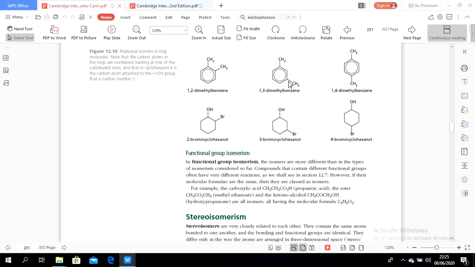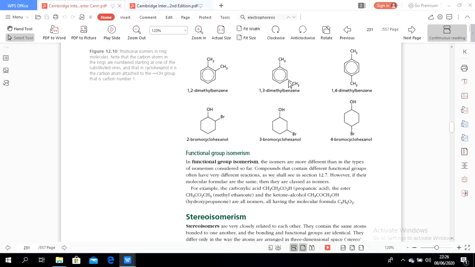Next we continue with structural isomerism: functional group isomerism. The isomers are more different than in the types of isomerism considered so far. Compounds that contain different functional groups often have very different reactions, as we shall see in section 12.7. However, if their molecular formulae are the same, then they are classed as isomers.